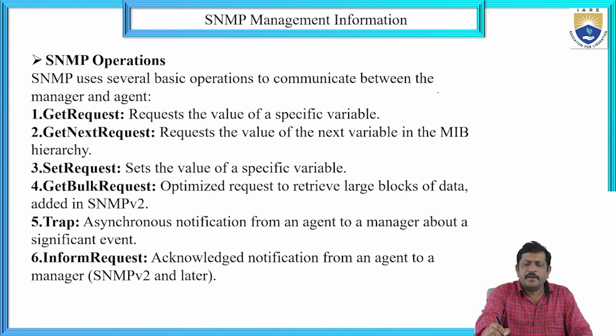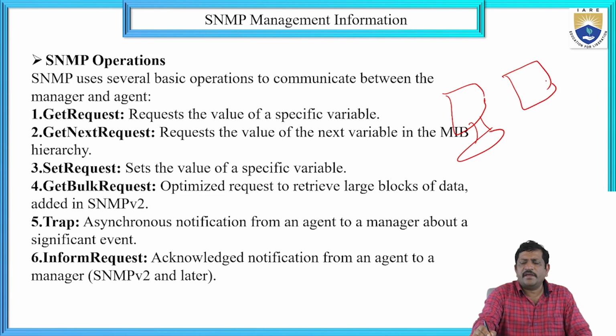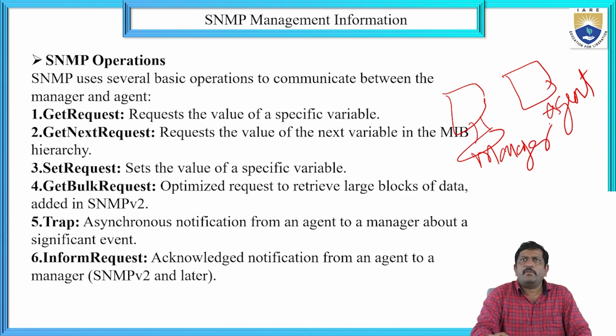One device is a manager device, and another device is an agent device. From manager to agent, for effective communication, generally we use all these operations with the help of the SNMP protocol.